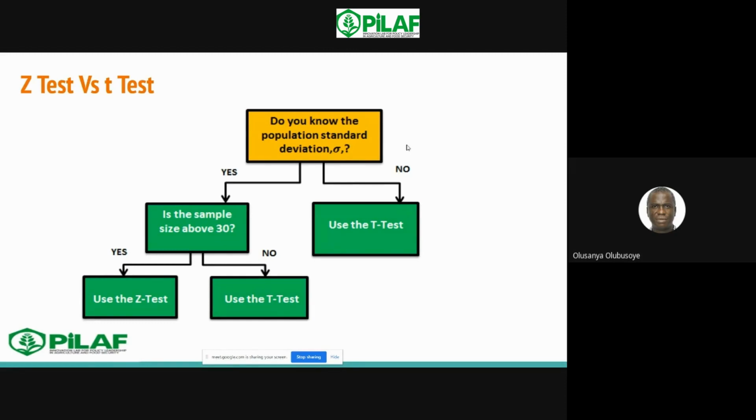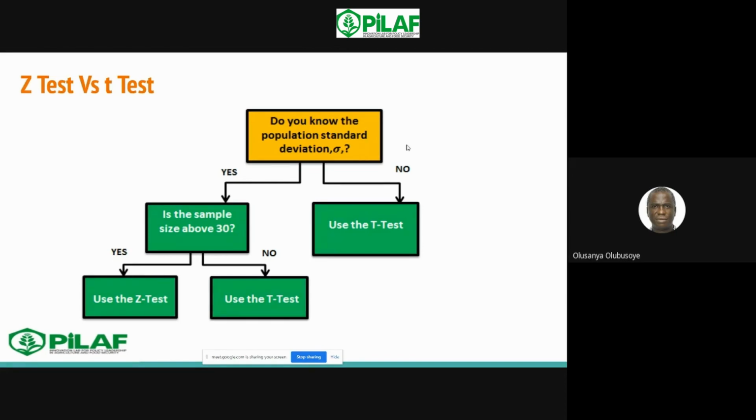If it's greater than 30, statistically, it's a large sample, so you can use the Z test. In other words, to use the Z test, the population standard deviation must be known and the sample size must be large. Large here means the sample size is greater than 30.